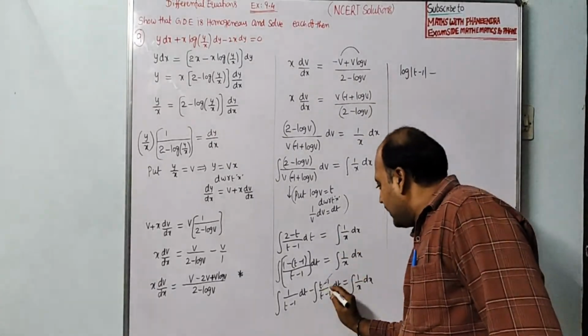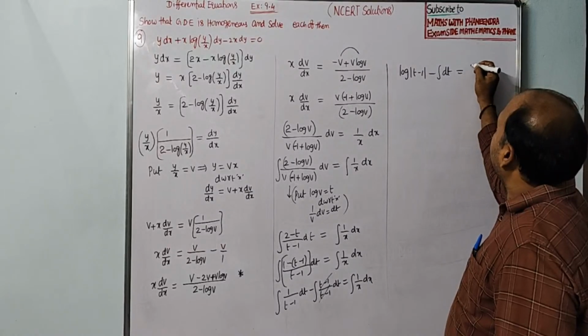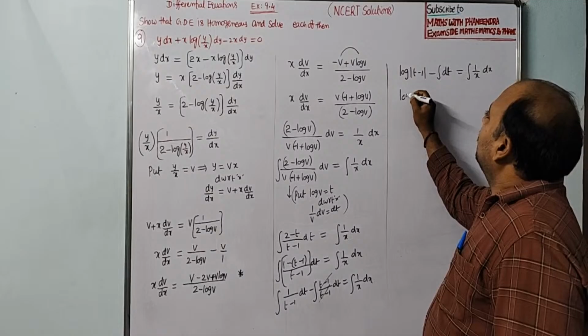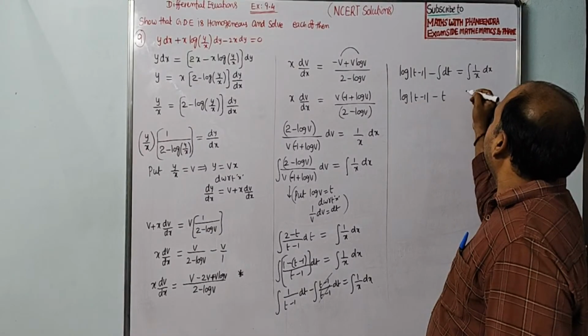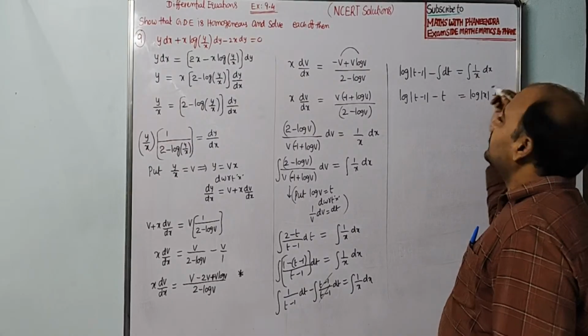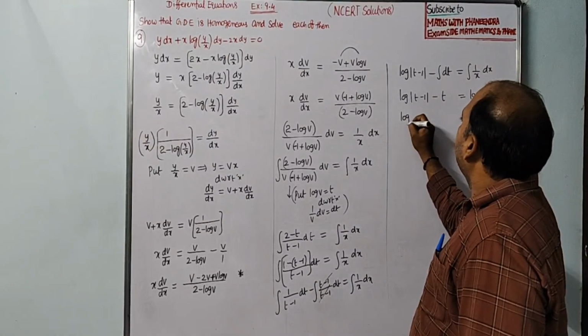Minus, these two will be cancelled, integral dt will come. So log mod t minus 1 minus integral dt, that is t, equals log x plus c.